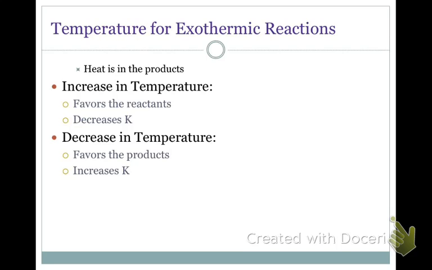So if you increase the temperature, so again, you have your pen in your hand, if the heat is in the products and you increase the temperature, that means that the product side goes down, the reactant side goes up, and it favors the reactants. This will also decrease the K value because as we looked at in the solving for K equilibrium video, we talked about how K is equal to the concentration of the products over the concentration of the reactants.